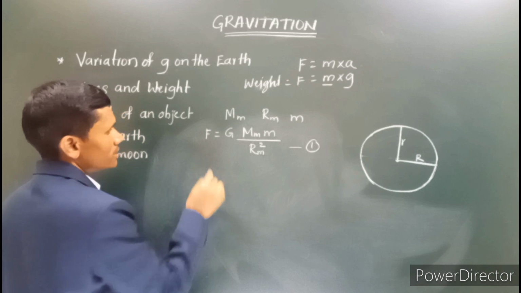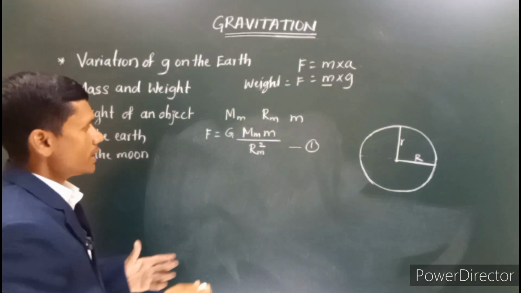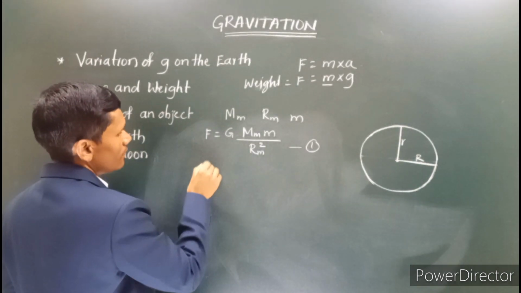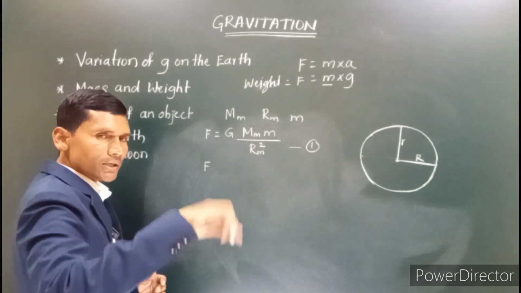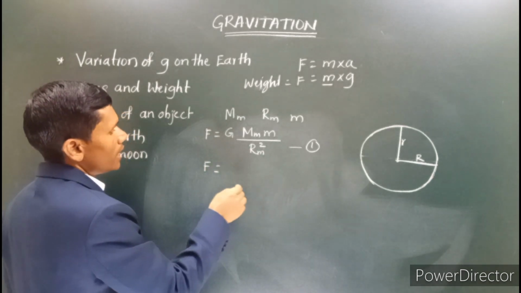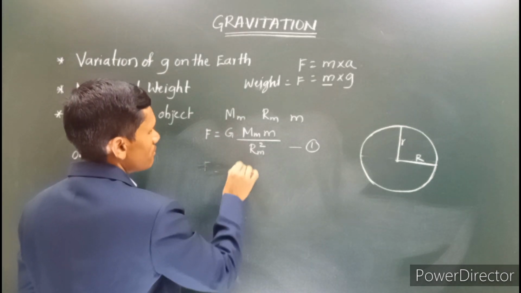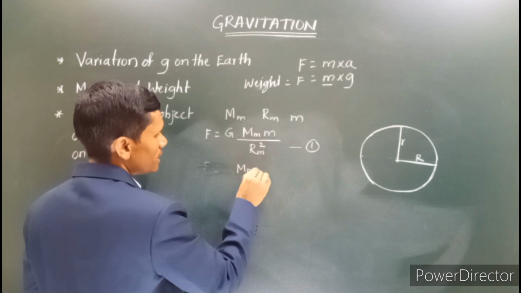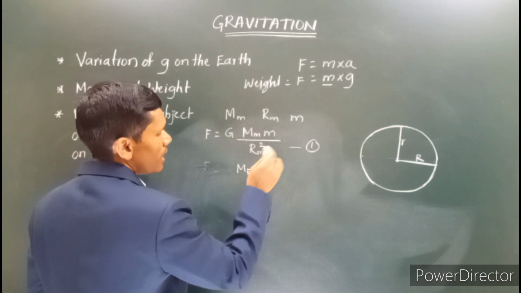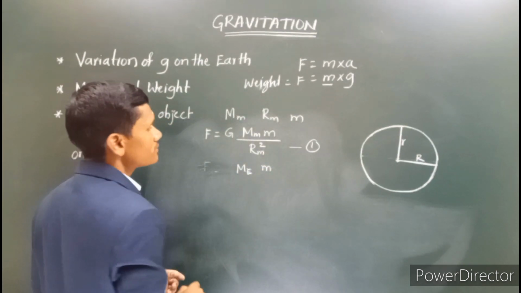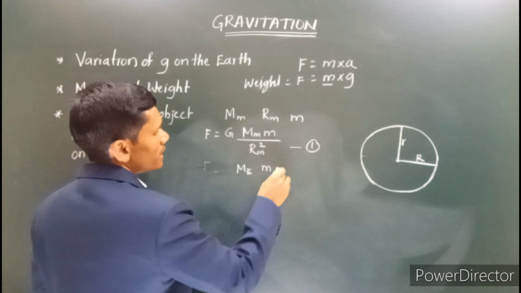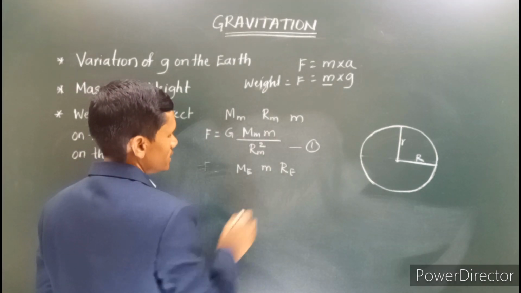And if you take the force acting on an object by the earth, let the mass of the earth be me and the mass of the same object be m, and the radius of the earth be re.